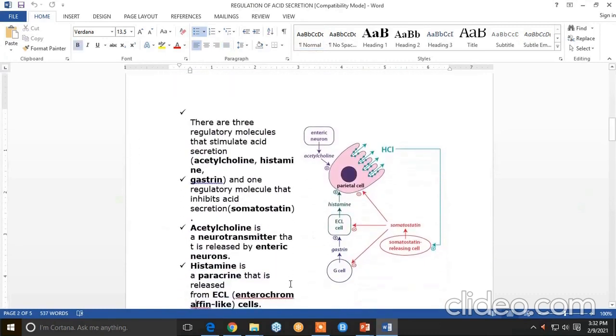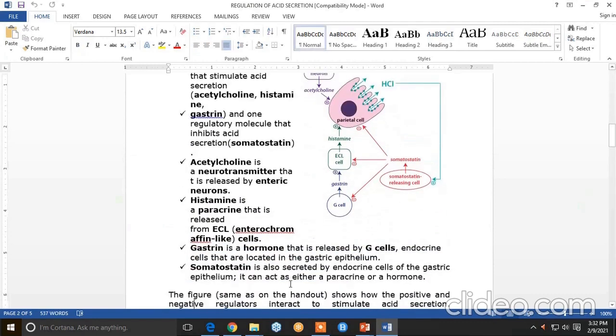Next, there are three regulatory molecules that stimulate acid secretion: acetylcholine, histamine and gastrin. And one regulatory molecule that inhibits acid secretion, which is somatostatin. Acetylcholine is a neurotransmitter that is released by enteric neurons, and histamine is a paracrine that is released by enterochromaffin-like cells.